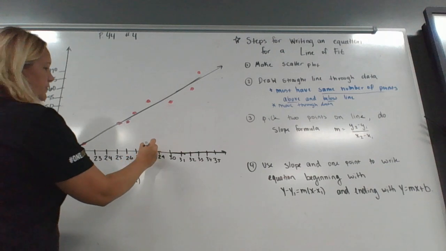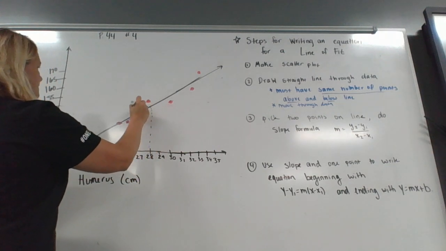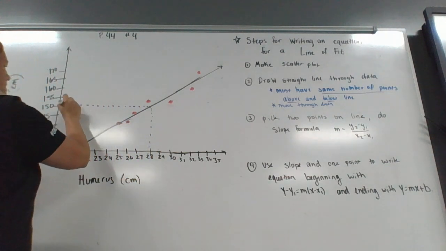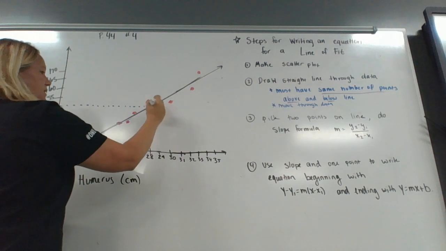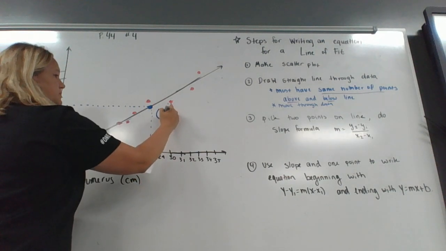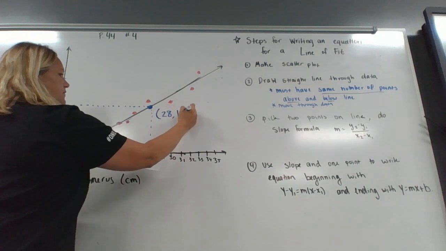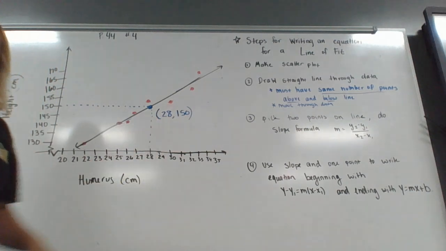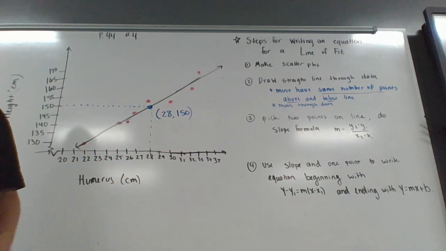Like when I look up from 28, it's at about 150. So I'm going to use the ordered pair 28, 150. Your line might not go through that point. Your line might go through a different point. That's okay.